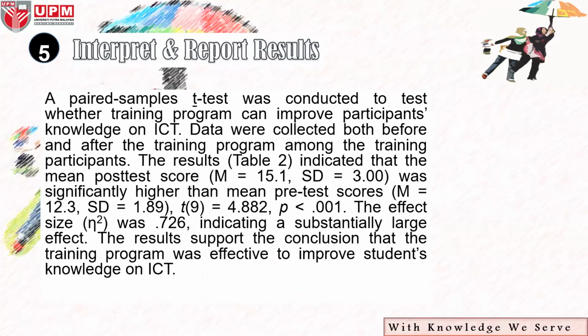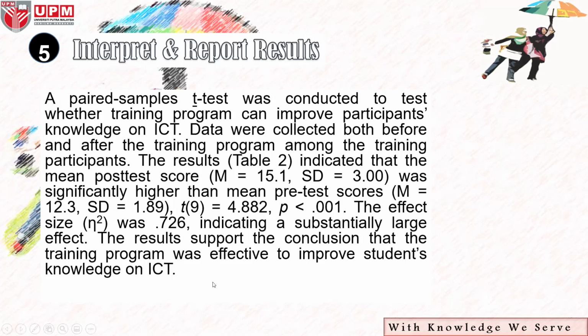Data were collected both before and after the training program among the training participants. The result indicated in table 2 showed that the mean post-test score, M equals 15.1, standard deviation 3, was significantly higher than the mean of the pre-test score, mean equals 12.3, standard deviation 1.89, t equals 4.882, significant value lesser than 0.01.